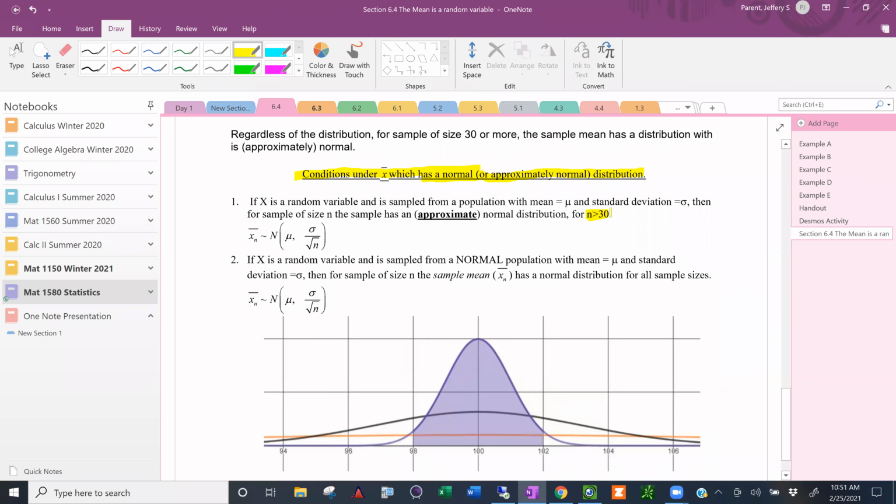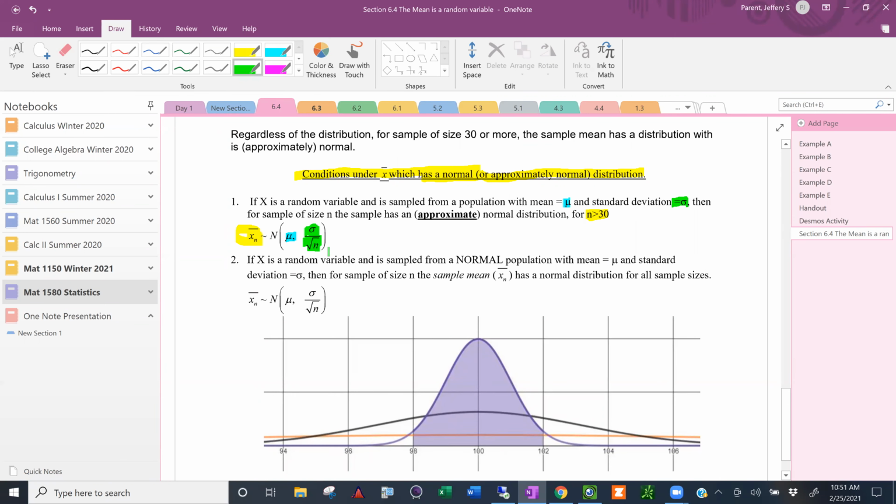When you take a sample of this size, the sample mean is going to have an approximate normal distribution with the same mean as your parent population, but the standard deviation is going to be a little bit different. The standard deviation in our parent population was sigma. The standard deviation in the distribution of sample means is going to be sigma divided by the square root of n.